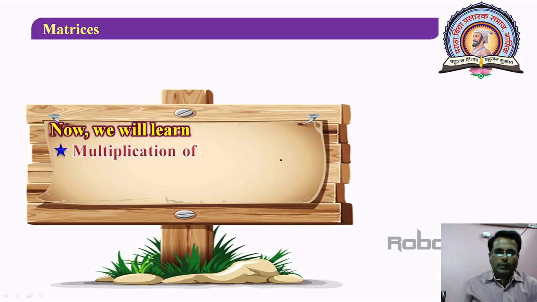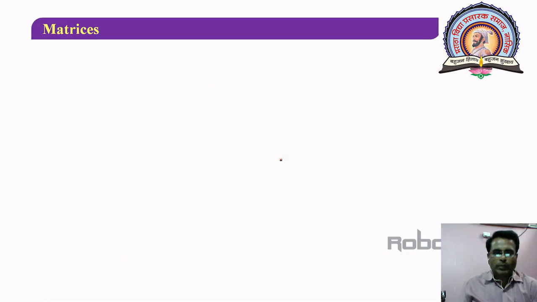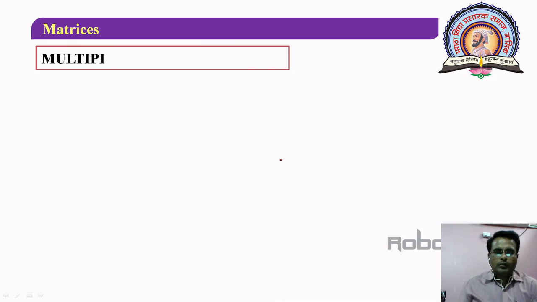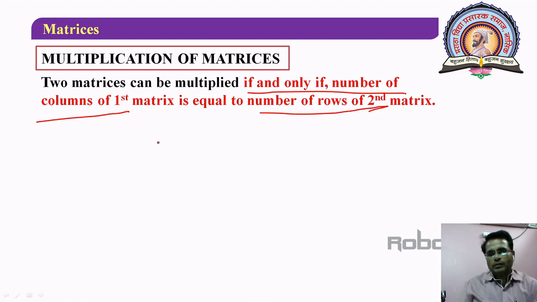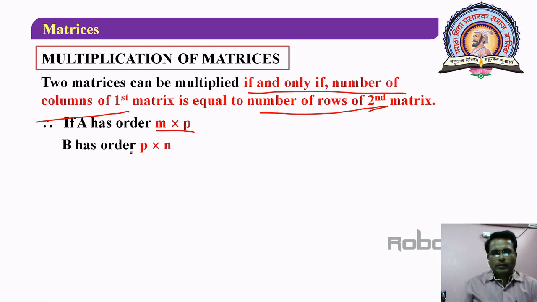And the next important concept is multiplication of matrices. Suppose we consider two matrices. They are multiplicable if and only if the number of columns in the first matrix is equal to the number of rows in the second matrix. Therefore, if A has order m by p, then the second matrix B must be of order p by something, say p by n.